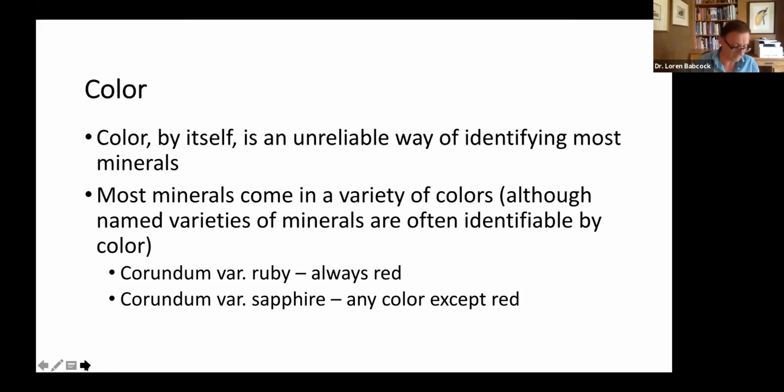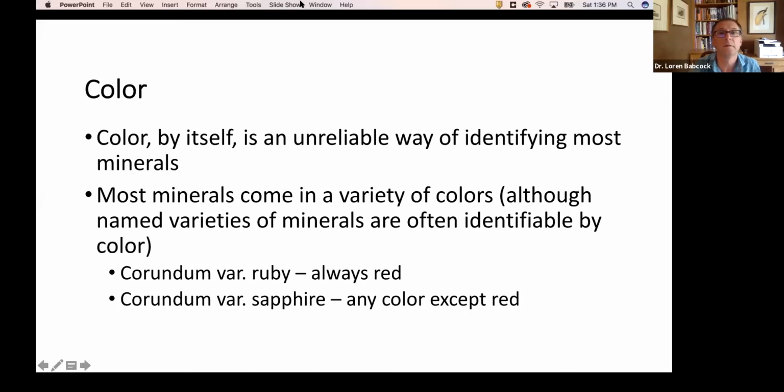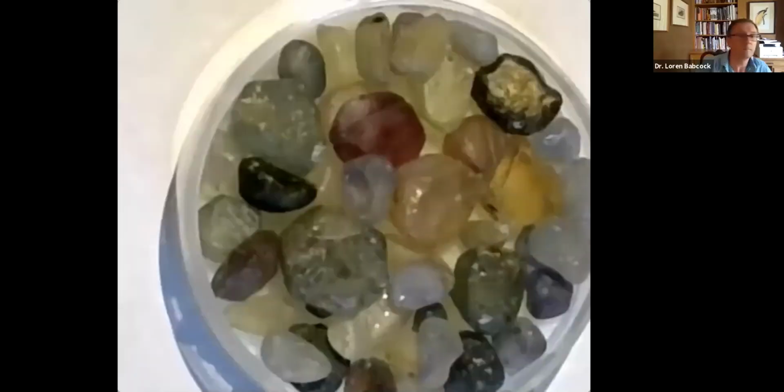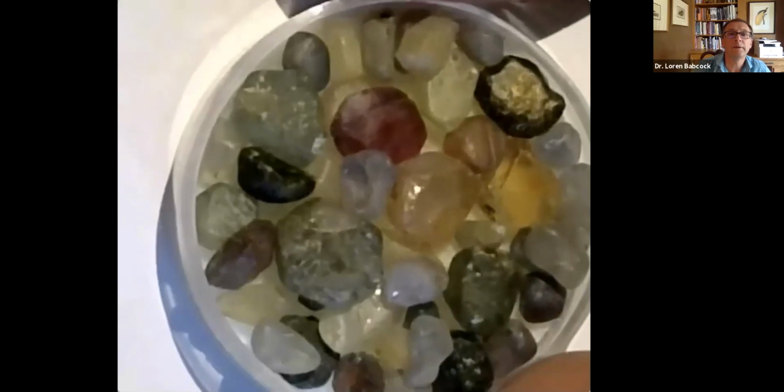We demonstrate that by switching to the camera again. And let's see, let's go to the screen share. And so, anyone have an idea what this mineral is?